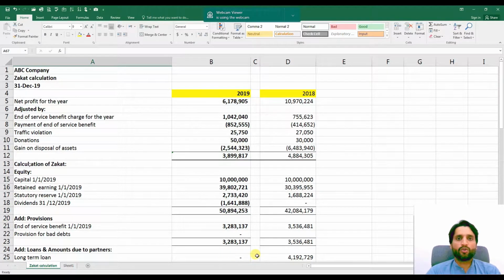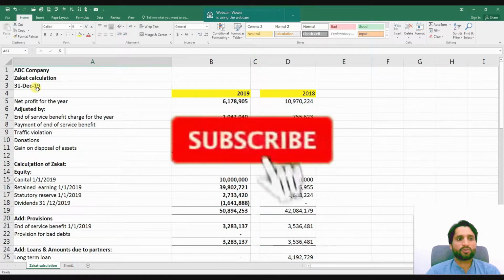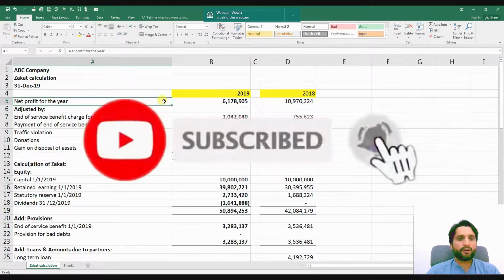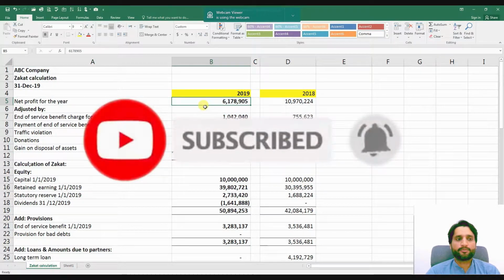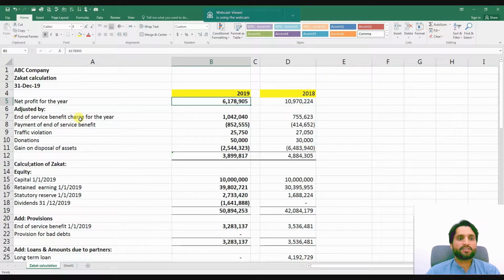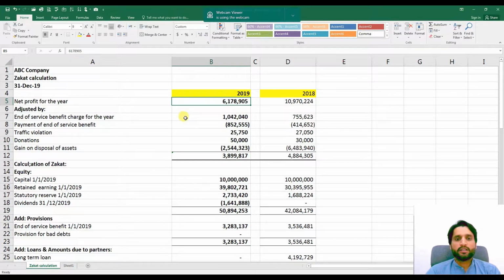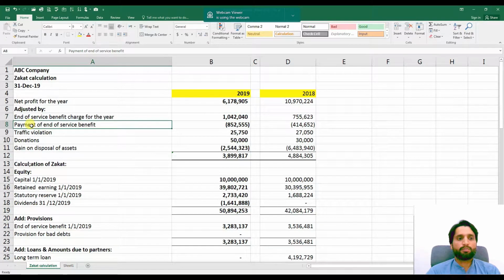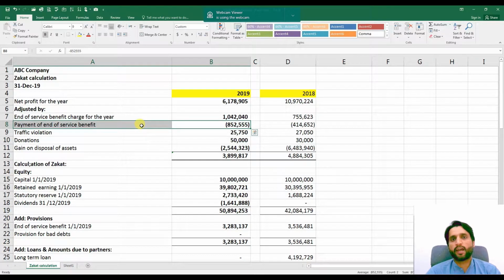As you know, we have here the ABC company Zakat calculation at 31st December 2019. Net profit for the year we need to write here, adjusted by end of service benefits charged for the year. This value is the expense, the end of service benefit expense. And here, payment of end of service benefits, these are the benefits which we have paid.